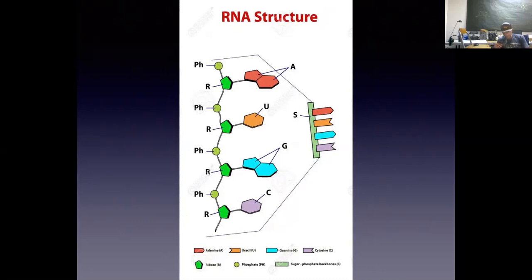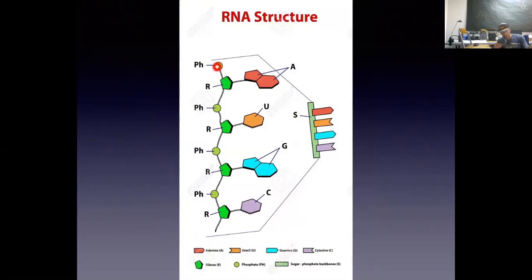For each nucleotide, this is the ribose sugar, this is the phosphate, ribose sugar, phosphate, ribose sugar, phosphate, ribose sugar, phosphate. You just get this alternating pattern where the phosphate of one nucleotide bonds to the sugar of the next nucleotide, which obviously bonds to the phosphate of its own nucleotide.